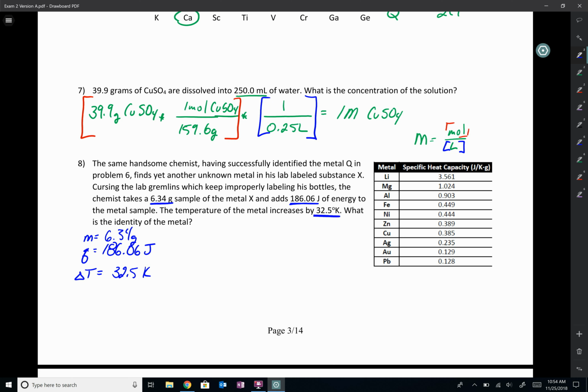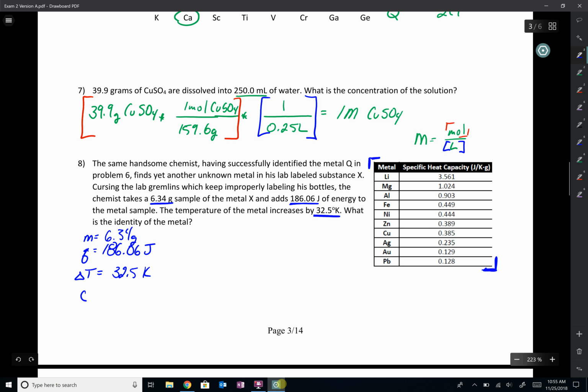We're asked to find the identity of the metal, and there's a very subtle hint. Subtle is very not true. I give you the heat capacities here and ask, what's the identity of the metal?